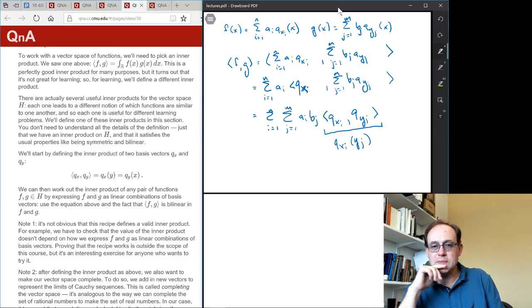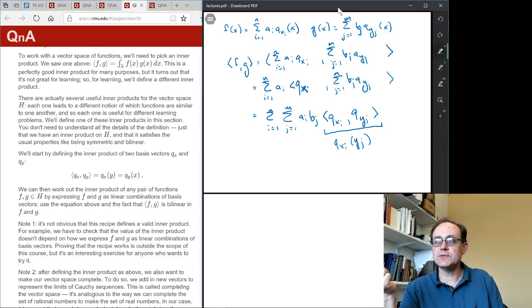The other thing I should mention is that as I've defined it so far, this vector space is not a complete vector space. It does not contain the limit of every Cauchy sequence. And again, that's not obvious, but it's true. And so it is possible to make the vector space complete by adding a few more vectors to it.